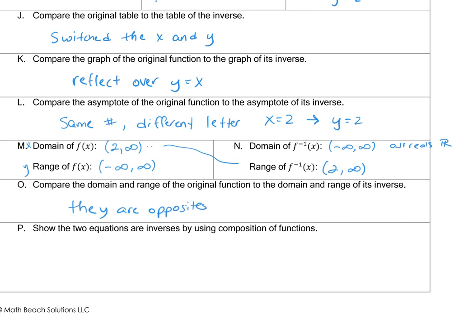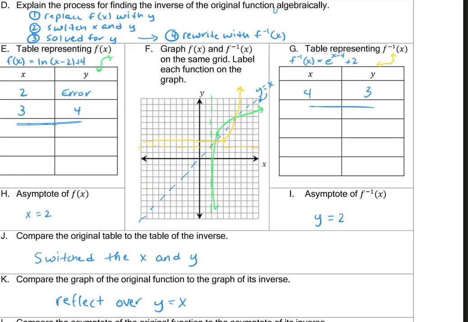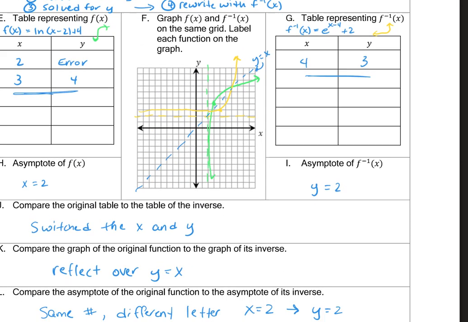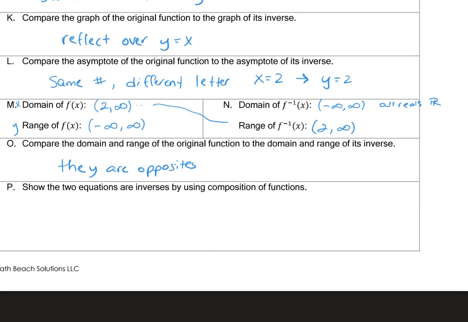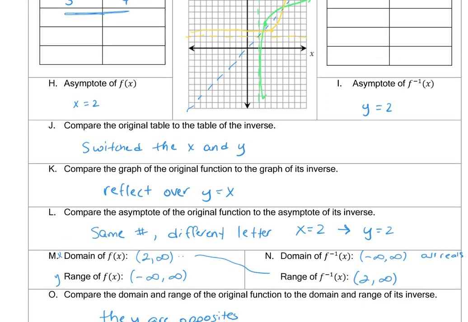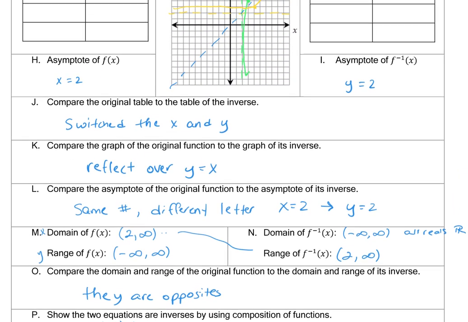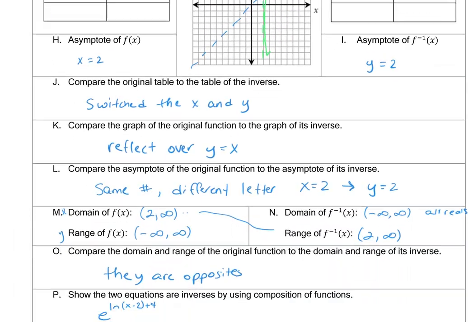All right, and then show the 2 equations are inverses by using composition of functions. So our inverse function, we said, was e to the x minus 4 plus 2. So e to the, in our original equation, natural log of x minus 2 plus 4, and then minus 4 plus 2.